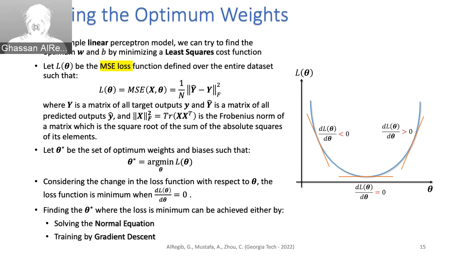Okay. So now, for a linear perceptron model, we can just look at what our target is, to find the model theta, which is basically, in other words, what will be the weights W's and the B, the bias, right? And we can minimize the least square cost function. So the mean square error between the y, the ground truth labels, the ground truth classification labels or classes, and the predicted, which is y hat in here.